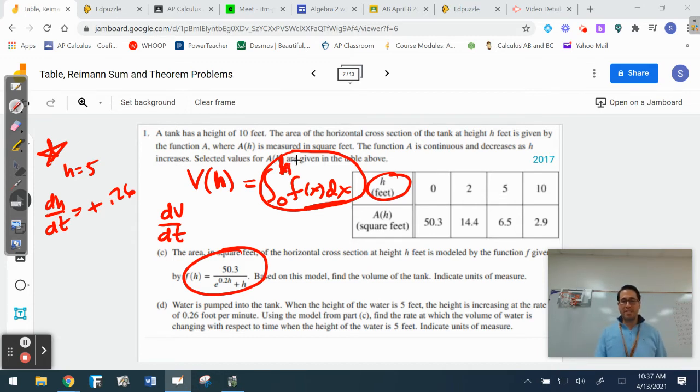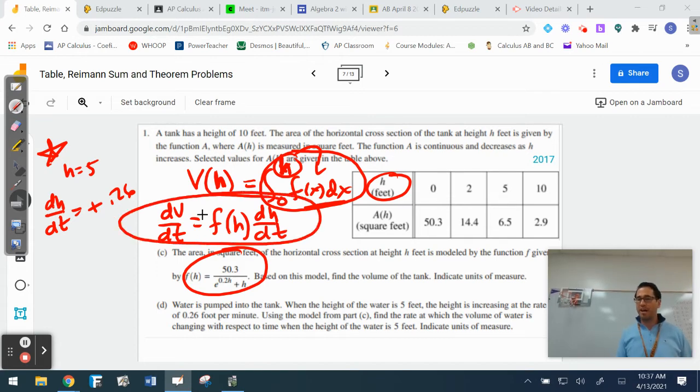Well, we all know. We just substitute that guy in here, but something very interesting happens. It's going to become f of h. But what do I have to do? We always chain when we take the derivative of an antiderivative, and it usually is just 1. But this time, it's with respect to t, or time. So the derivative of h is 1, but since it is with respect to time, I've got to slap on a dh/dt, and that was the difficulty of this problem.